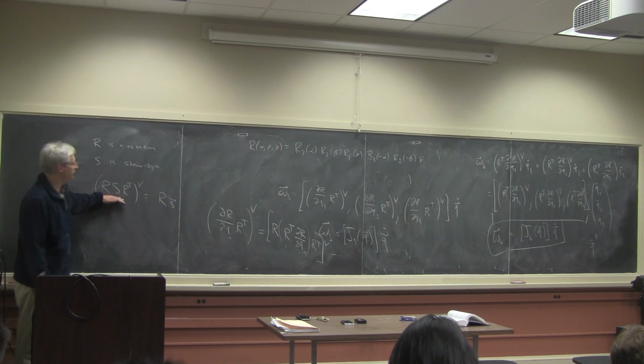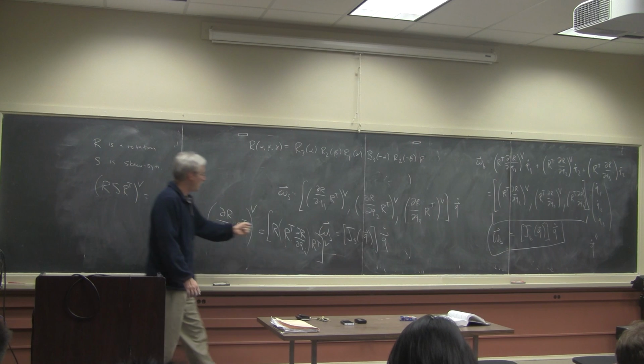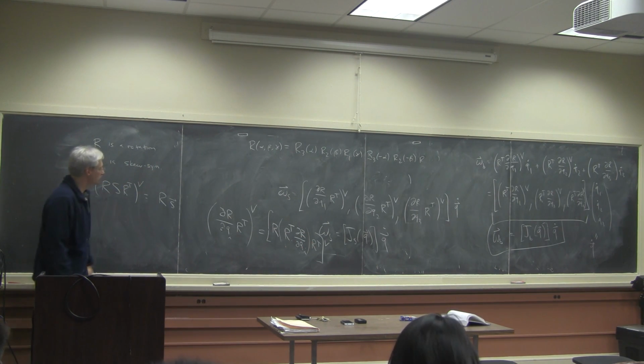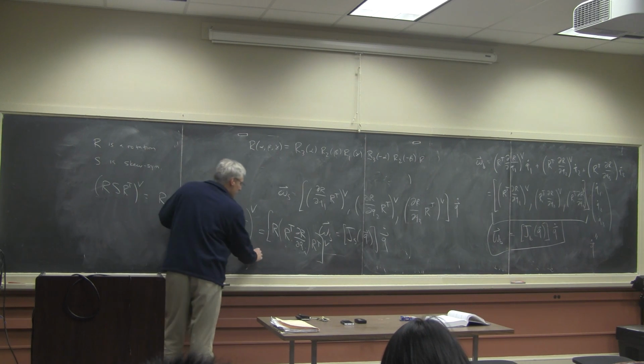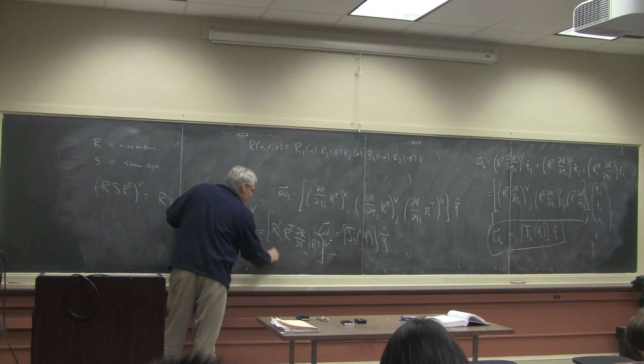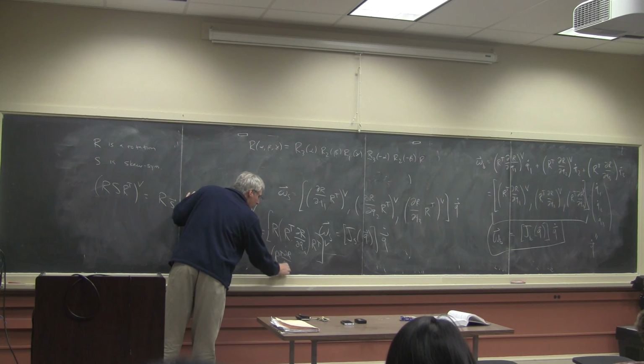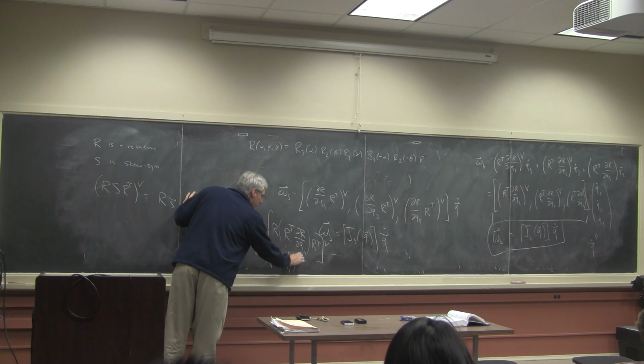And then we can use this formula right here, because we have an R and an R transpose, and a skew-symmetric matrix in the middle. So this is going to be equal to R times R transpose partial R partial Q sub I, the vector of this.